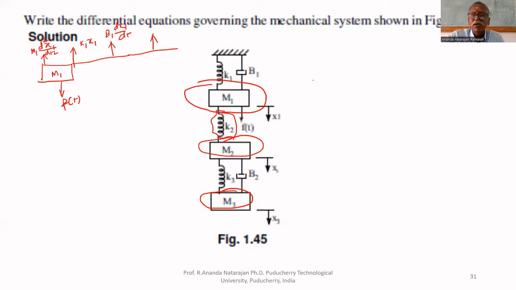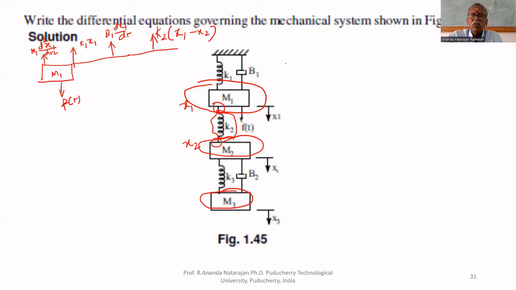The displacement at this end is x1 and at the other end is x2. Therefore, because of K2, the force is K2 multiplied by x1 minus x2, since the displacement direction is the same.